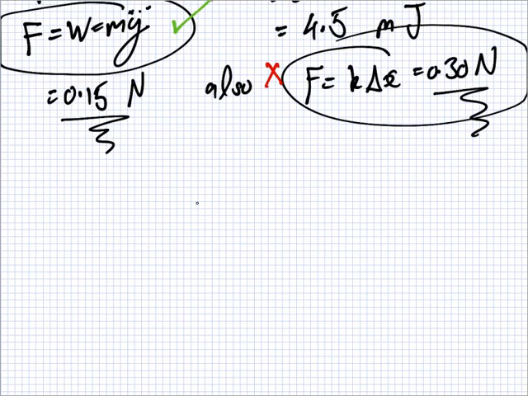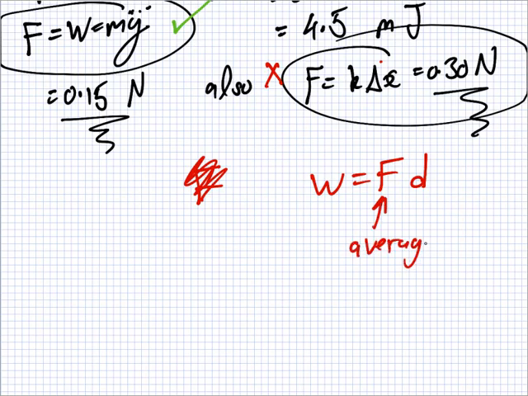This formula, I suppose you could say work equals force multiplied by distance. This force here is the average force. Usually the force is constant, but in this example the force is changing.